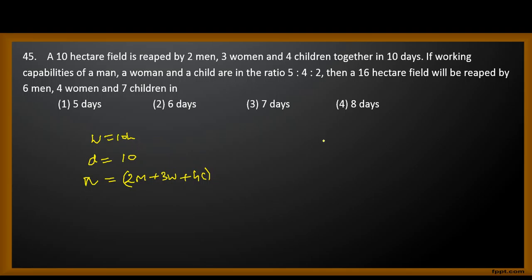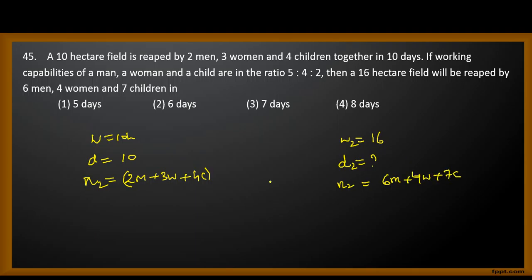Now what is the second case? W is given, which is 16 hectares. We have to find the number of days, so let us say this is W2, D2 and efficiency 2. What is the efficiency given? 6 men plus 4 women plus 7 children.